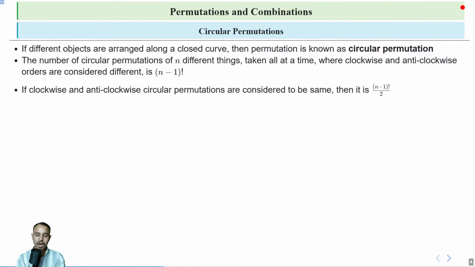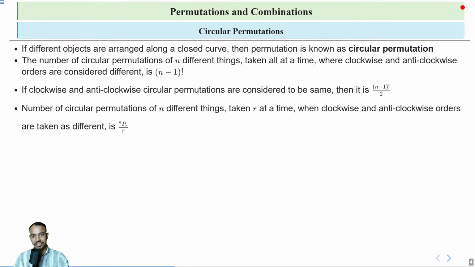Now we will discuss the number of circular permutations of n different things taken r at a time. Before, we took all n different things at a time.